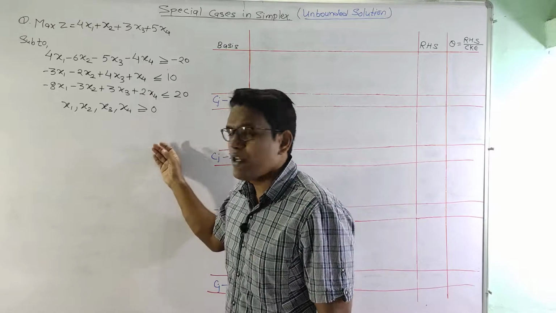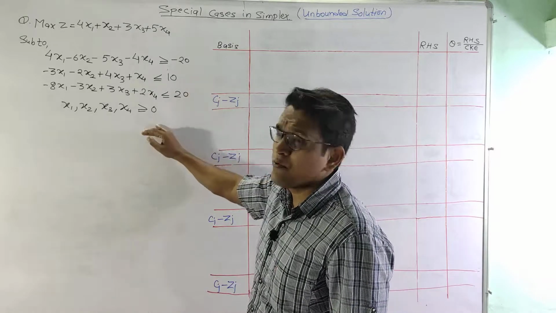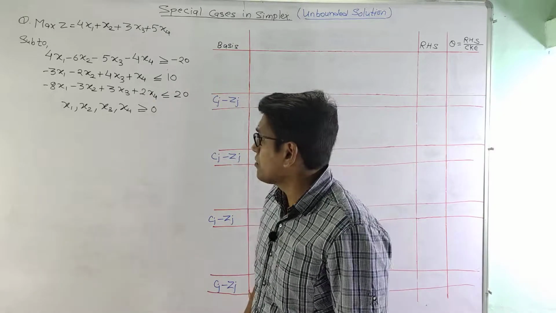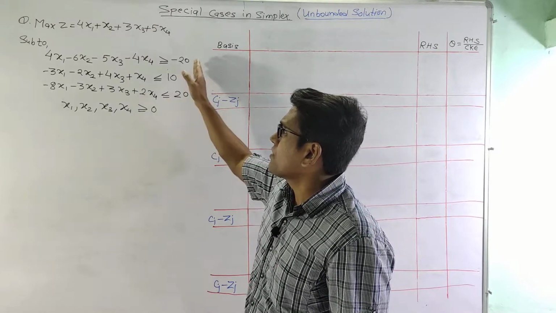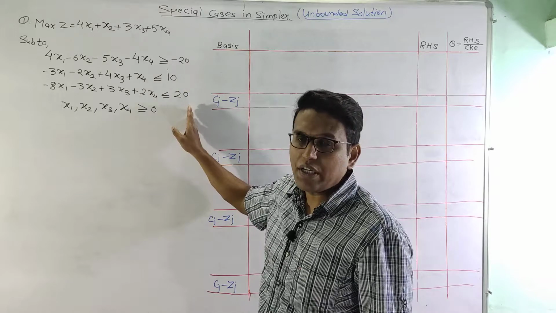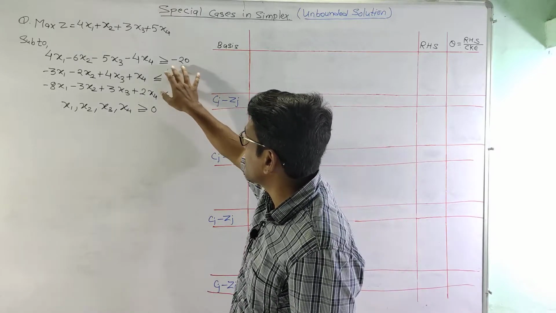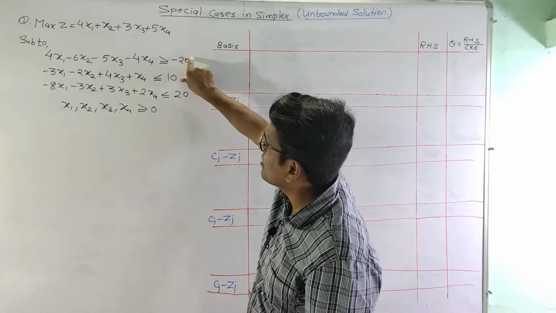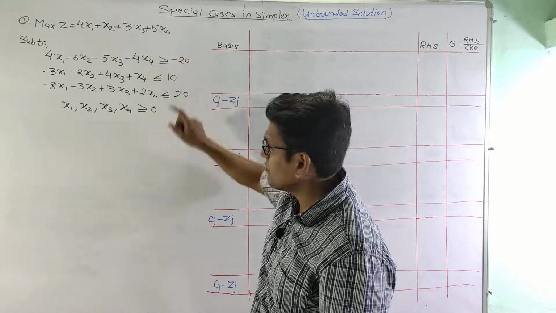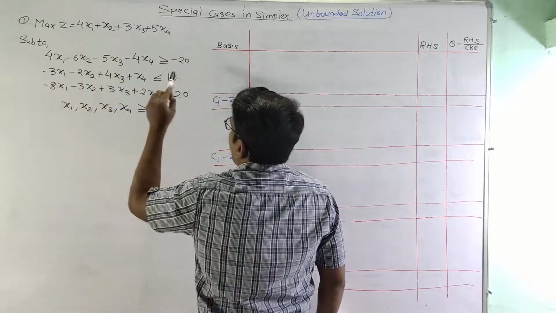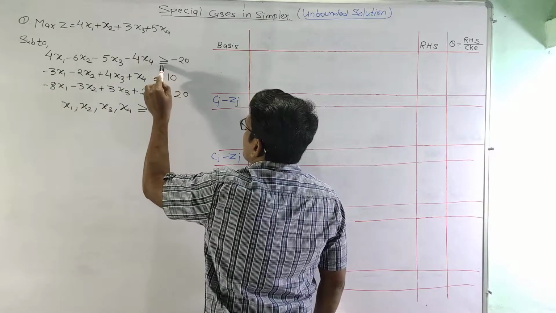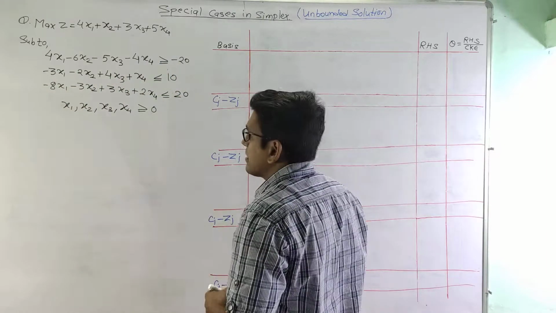First of all we will convert this into standard form, and before converting into standard form we must ensure that the right hand side values of the constraints are non-negative. Here in the first constraint we can see that the right hand side value is negative. So we will multiply this equation by -1, and simultaneously we will reverse the sign of inequality.